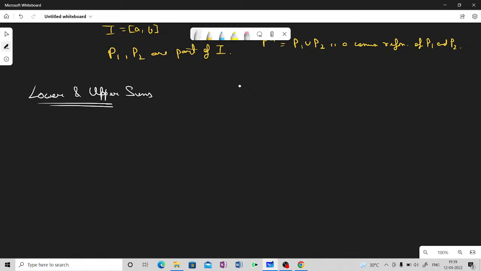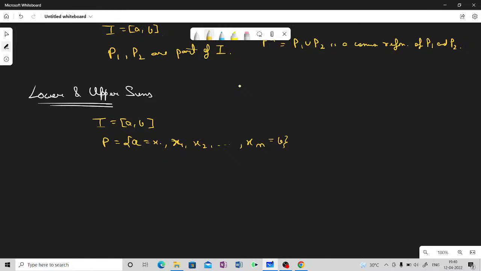Now to define this, let's take an interval I equal to the closed finite interval [a, b], and let us take a partition P: a = x0, x1, x2 till xn = b.